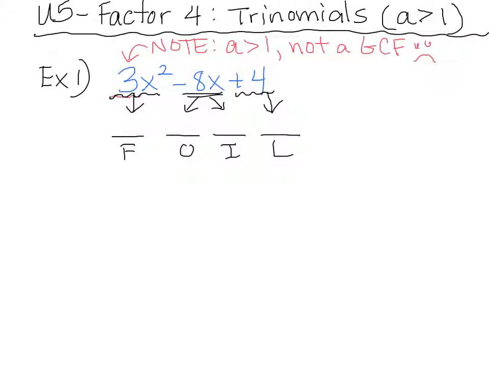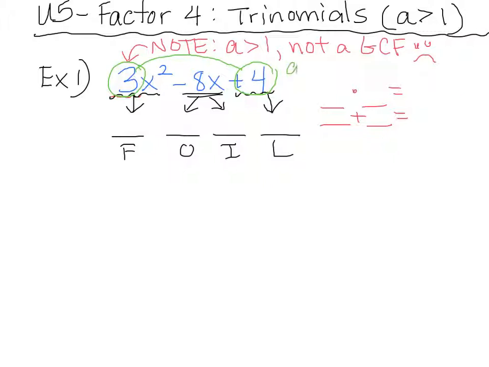So to go backwards on this, we're going to start by making one of those charts like I did before, that factor chart with the times and the plus. And we have a little bit of a change. Instead of just looking at the 4 at the end in that C spot, right, A, B, and C, we have to bring this A value into play because it's not just a 1 anymore. So we multiply these together.